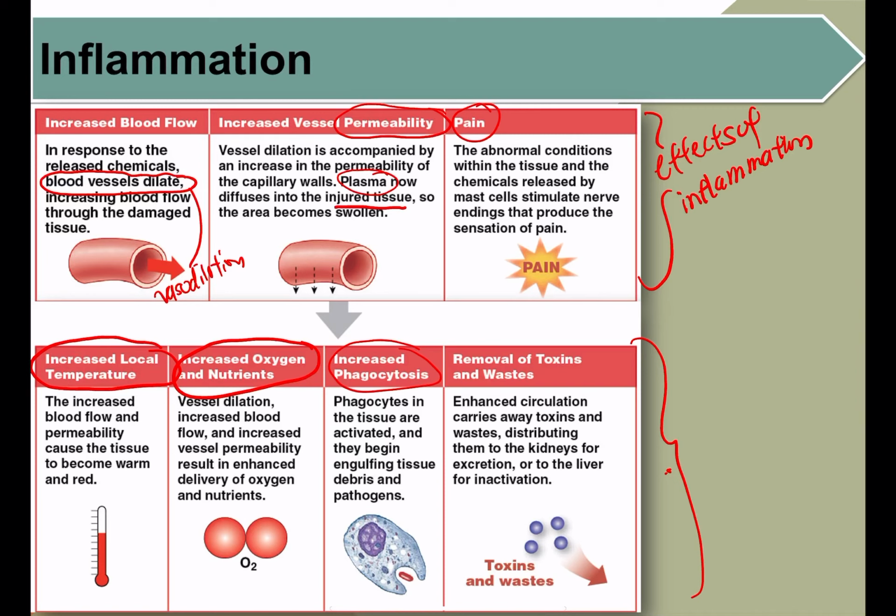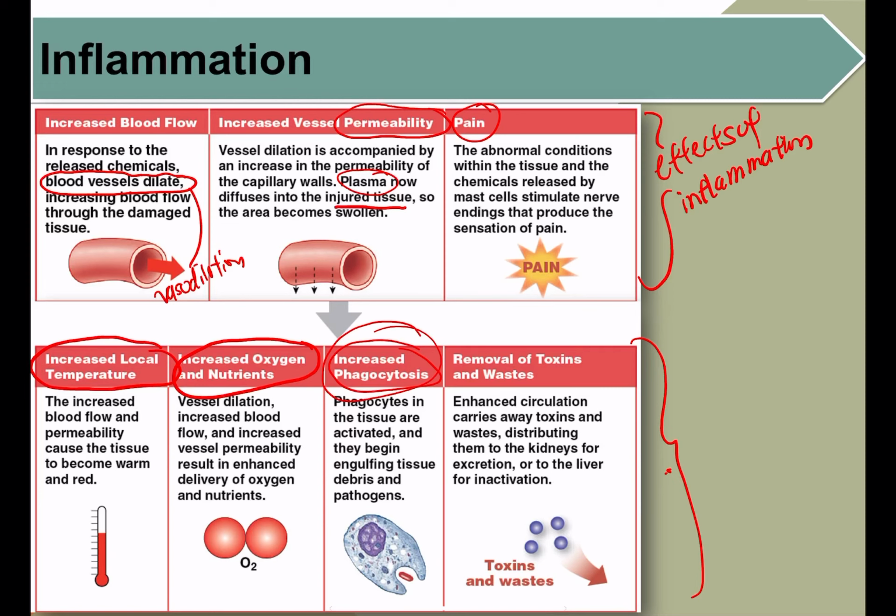Those white blood cells will squeeze through those blood vessels. We'll talk about this process called diapedesis in the second semester, how they are able to reach the site of inflammation. But all of this is to increase the rate of phagocytosis done by our white blood cells to get rid of any pathogen that happens to enter into our injured site.